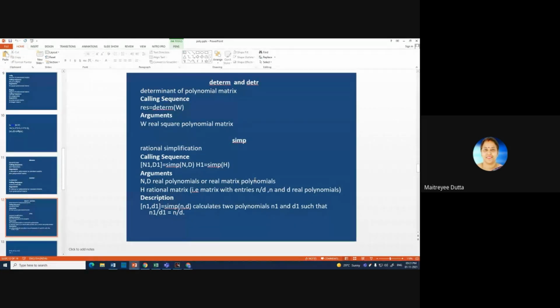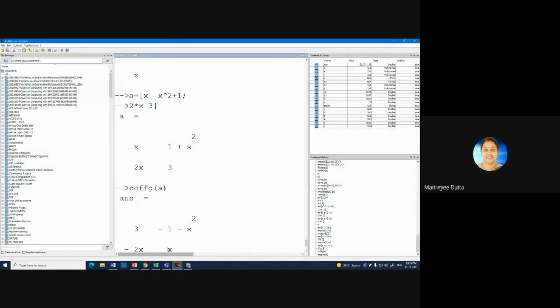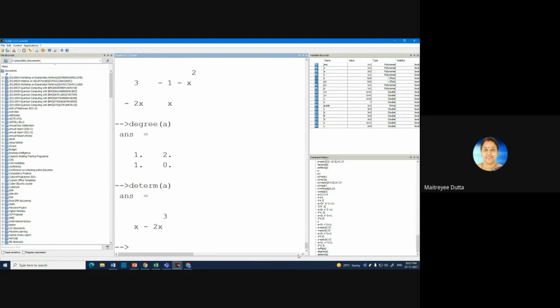Then for the determinant, we write DETERM, that is the determinant of a polynomial matrix. Let us write determ of A, our matrix, and it will give the determinant of the polynomial matrix.